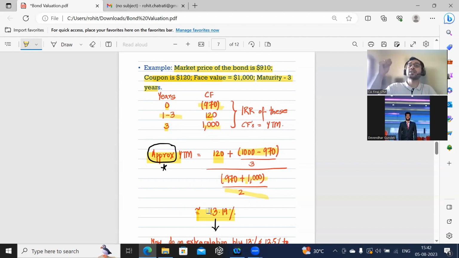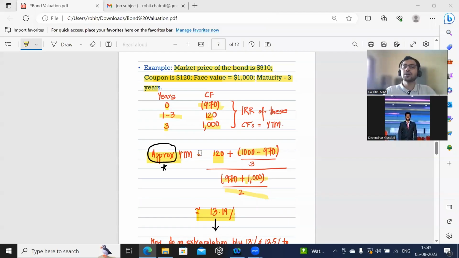But because the bond is available at $970 in the market, that is effectively giving you a return of $30, which is translating into 1.19 percentage on a per annum basis, and that's effectively giving you a return of 13.19 percentage. Approximate.